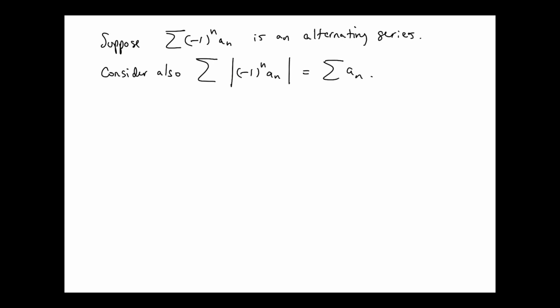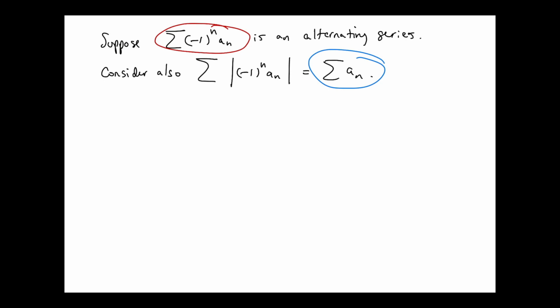Oh, okay, sorry. If I throw an absolute value around the inside term, then I get my second series. So my two series here are the original, series 1, and the one without the -1 to the n, series 2.